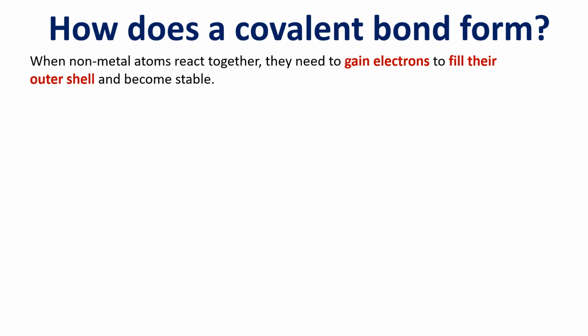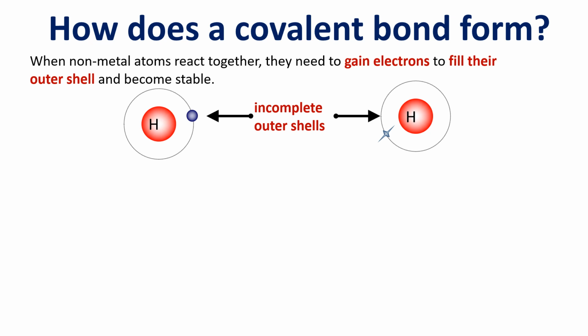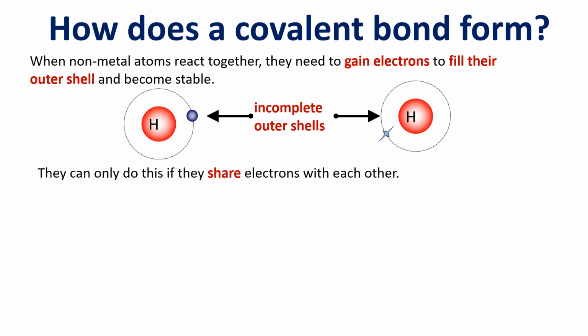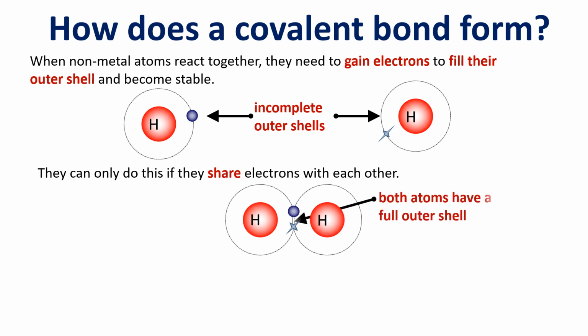When non-metal atoms react together, they need to gain electrons to fill their outer shell and become stable. Incomplete outer shells can only do this if they share electrons with each other. Both atoms have a full outer shell.